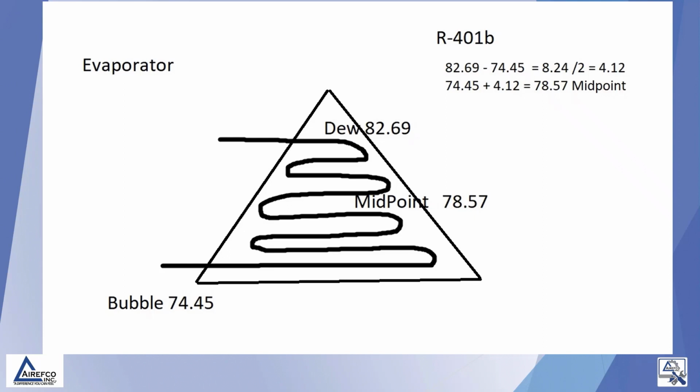We subtract those two and we get 8.24, which divided by 2 gives us a glide of 4.12. This also gives us a midpoint coil temperature of 78.57. So R401B is definitely a zeotropic mixture and has a very large glide of 4.12.